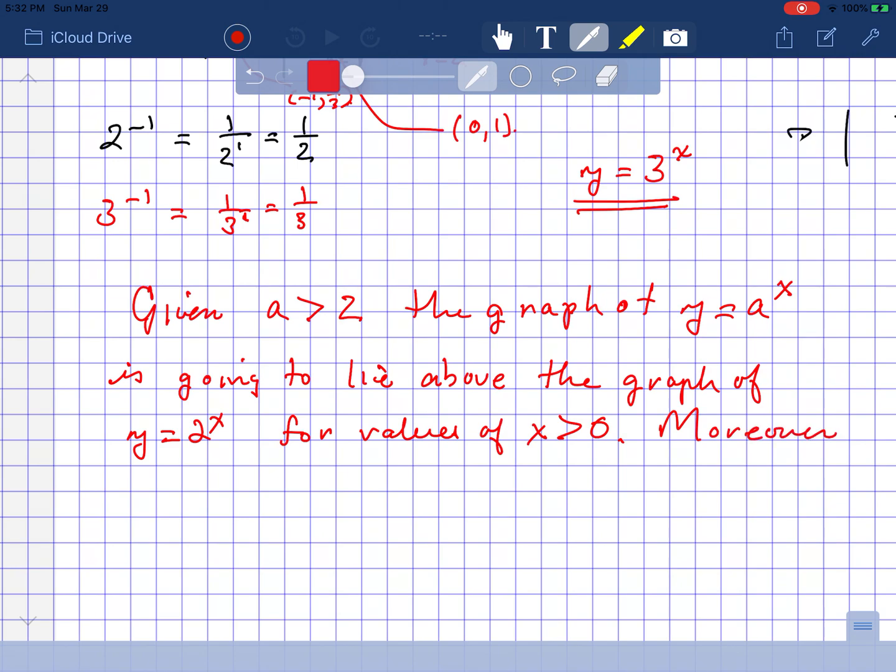Moreover, when x is equal to 0, the curves intersect.